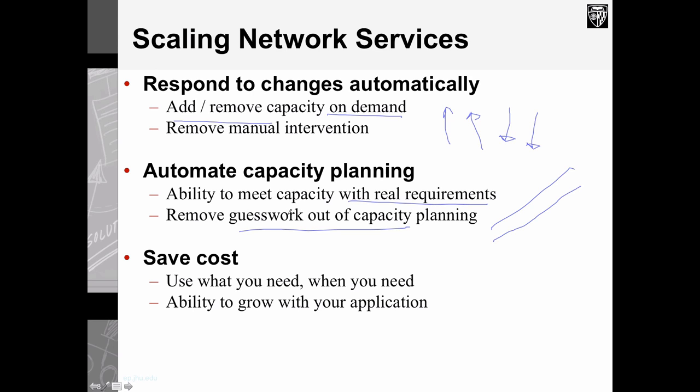We'll see some of the challenges in doing traditional capacity planning in the next section, but ideally we want to automate this capacity planning so we don't make any mistakes which might turn out to be costly. We want to save cost, but at the same time, we want our application to be responsive. We want our application to grow. We want our capacity to grow with our application. So these are some of the services that AWS provides that can help you with this automated capacity planning, that we'll see.